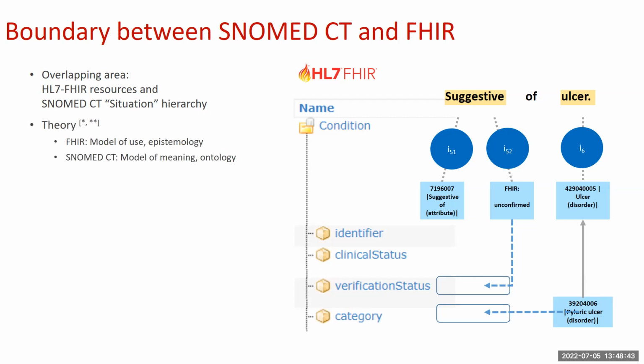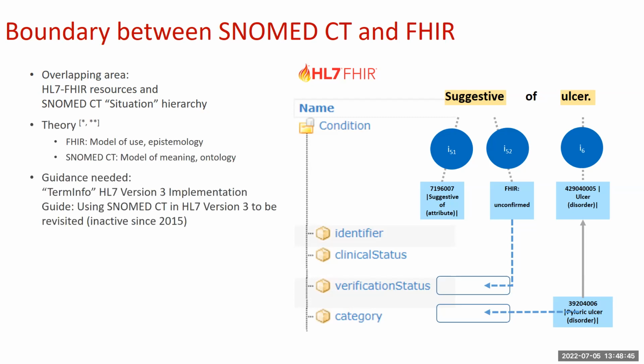There has been just the theory behind, and this is an important paper. I always give my students that paper by Rector and Kumar, which very clearly makes this distinction between information models and terminologies or ontologies. They coined this pair of concepts, namely model of use for the information model and model of meaning for the ontology.